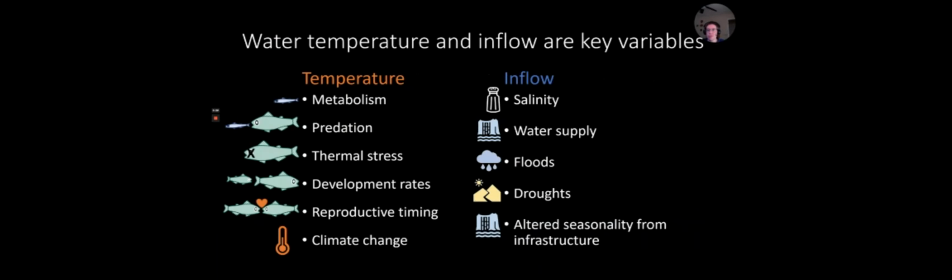Temperature is important for metabolism, predation, thermal stress, development rates, reproductive timing, and it's changing currently from climate change. Inflow, on the other hand, can determine salinity levels, is involved in water supply, floods, droughts, and has been altered seasonally due to infrastructure.